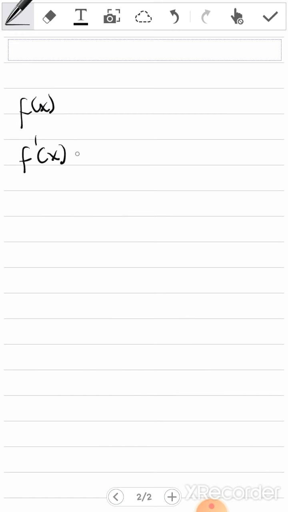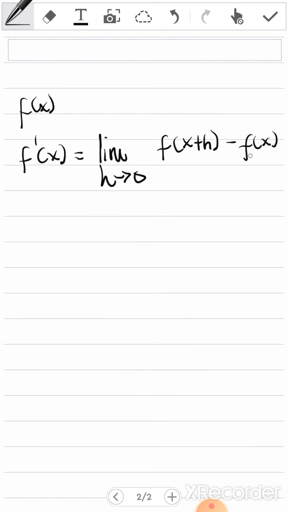And this is going to be the limit as h approaches 0 of f of x plus h minus f of x, all over h. So this is the formula we are going to use. The formula is quite easy to memorize, but how to go about it is quite difficult. It needs a lot of basic mathematics. So stay tuned as I proceed.